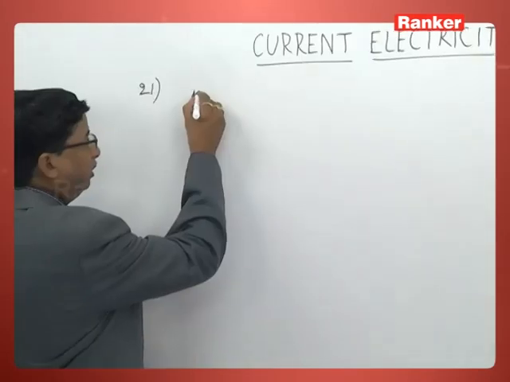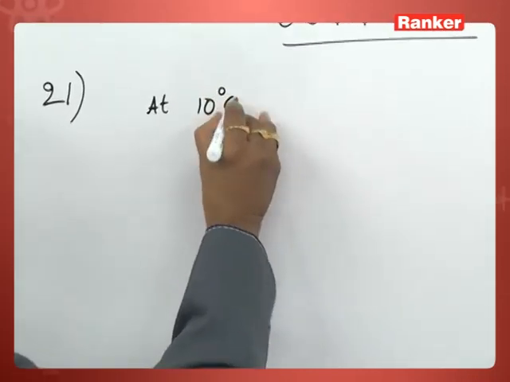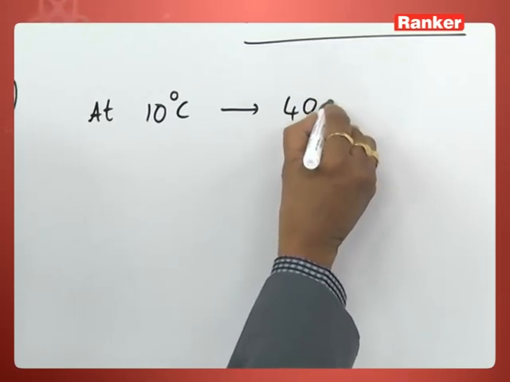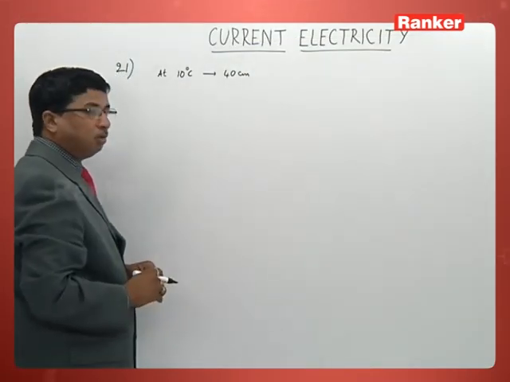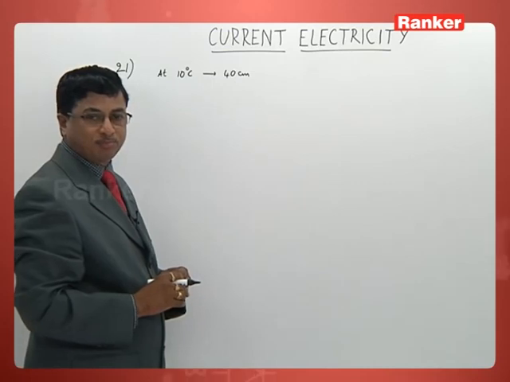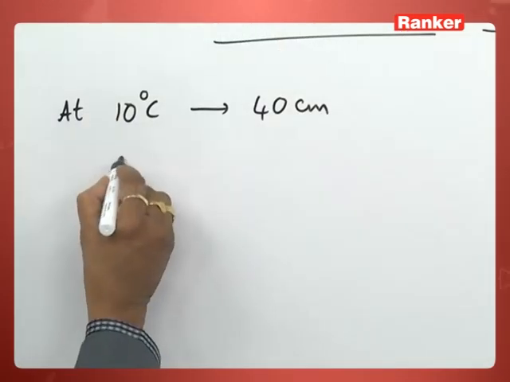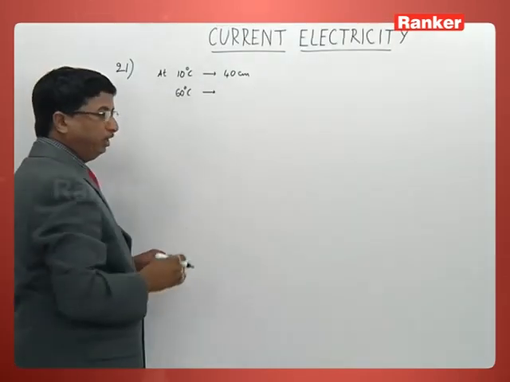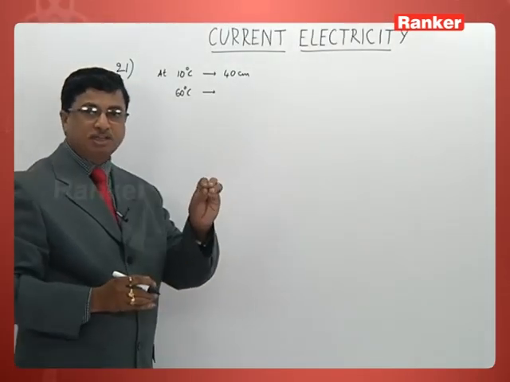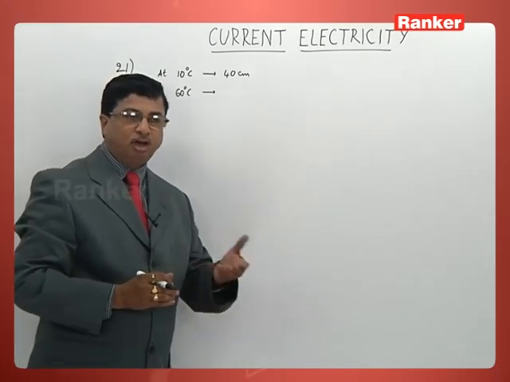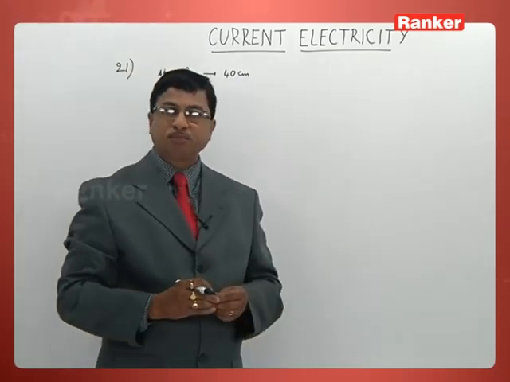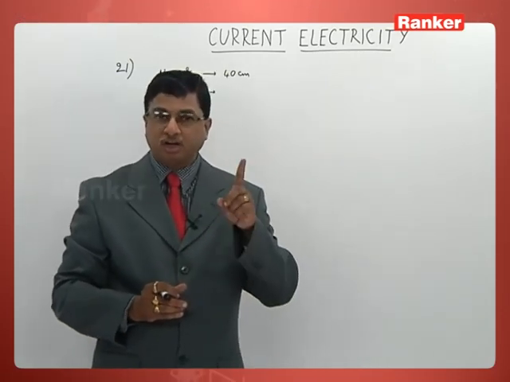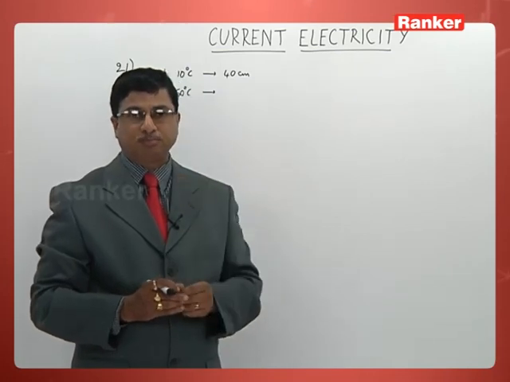At 10 degrees centigrade, the balance length is given as 40 centimeter. That is the data provided to us. When the temperature has become 60 degrees centigrade, the balance point shifts by 5 centimeter. First and foremost, when temperature increases, the resistance of a conductor certainly increases.